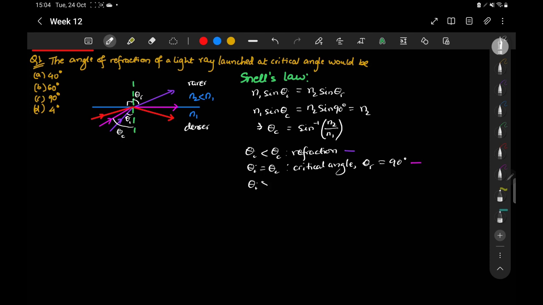And when theta I is greater than theta c, then we see the case of total internal reflection, meaning there is no refraction. The ray is reflected back within the same medium. This is the case of the red ray. So this is the concept of critical angle and total internal reflection. That means the correct option for this question is option C, 90 degrees.